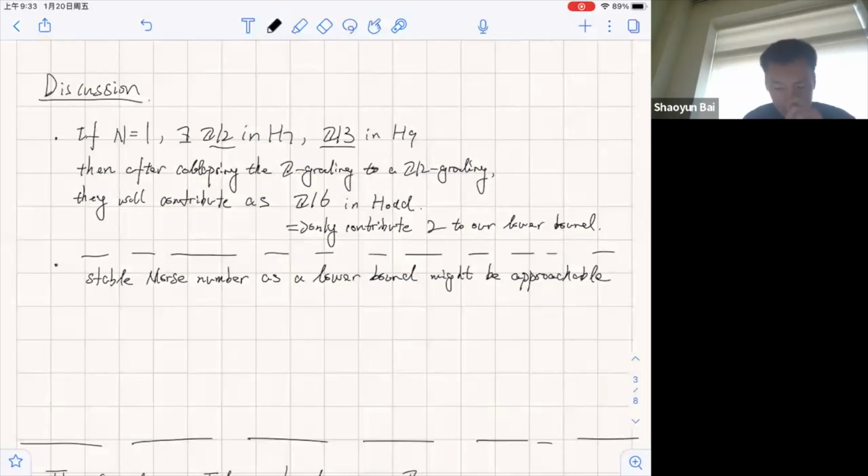So what does it mean? Well, stable Morse number, let me remind you in case you're not familiar with that. It means that we consider Morse functions defined over the product M cross R^K such that it's quadratic at infinity.